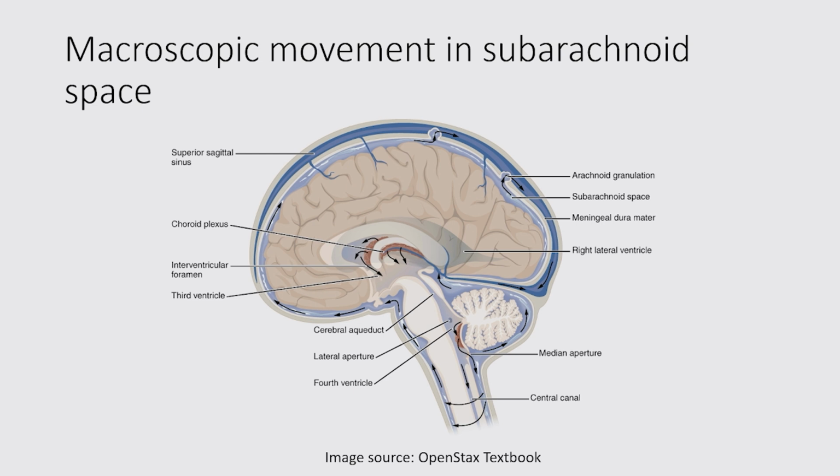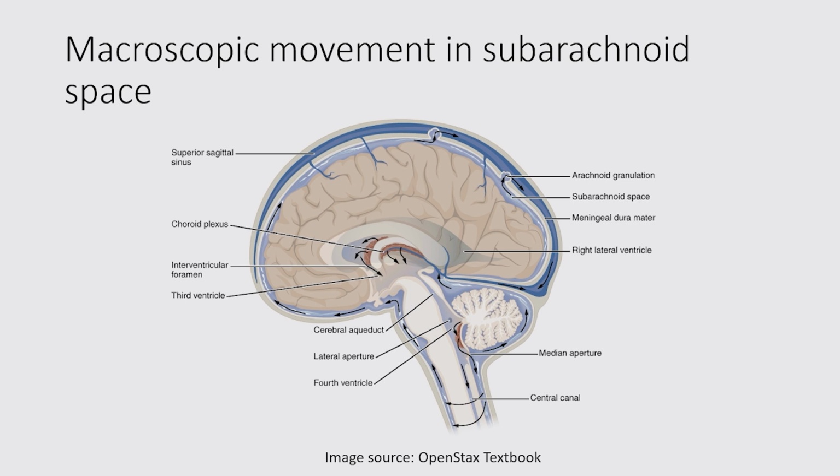But one thing that's important to remember is that these arrows that you'll see in the textbook version really reflect the net way that this flow is moving over many hours. If we actually look over just a couple seconds, the CSF flow is actually very dynamic. It's pulsing in waves back and forth. And so it's not just respecting the directionality of these arrows. In fact, it's as if there's kind of ongoing waves throughout the ventricles and subarachnoid space all of the time.